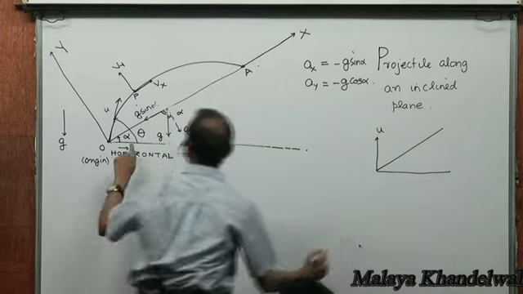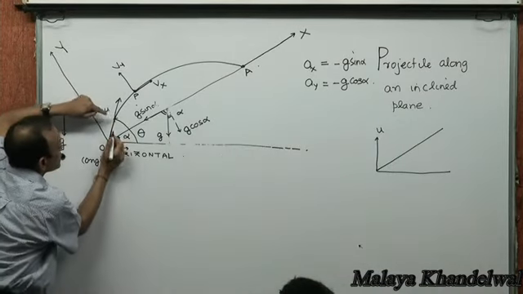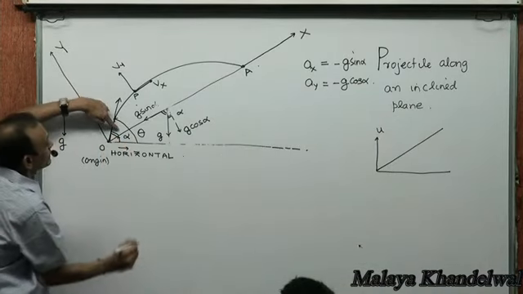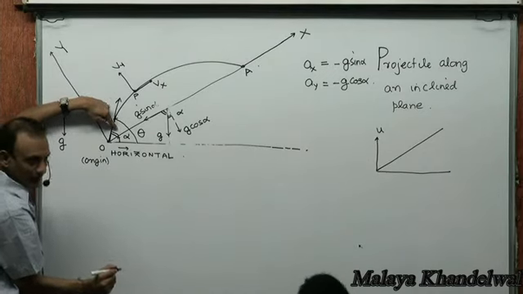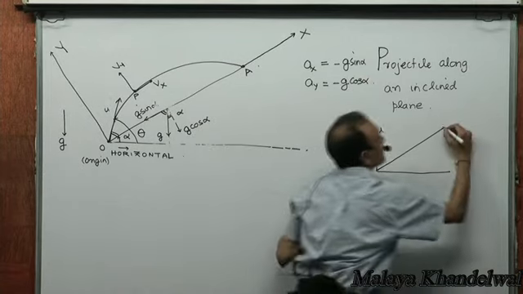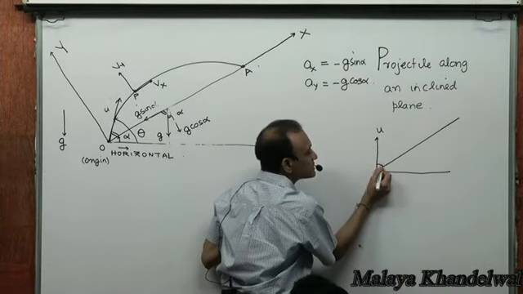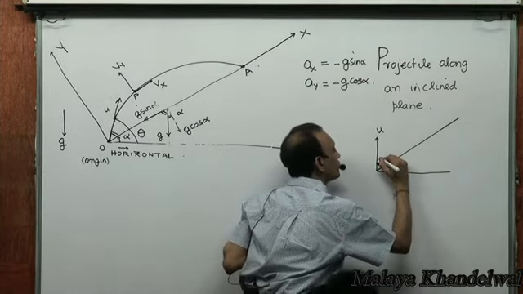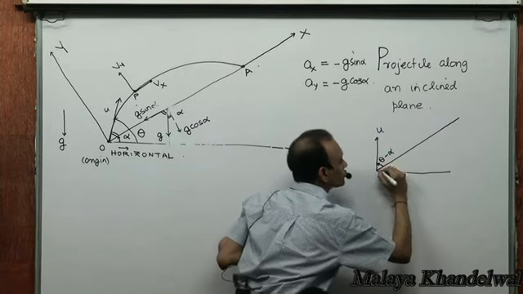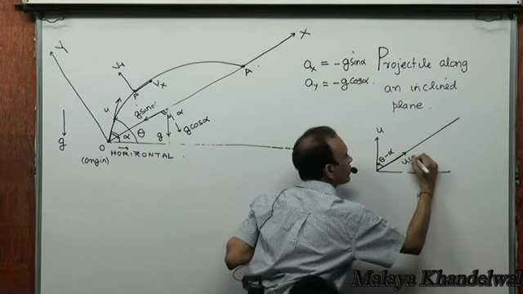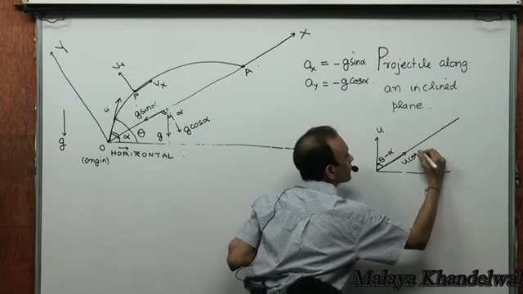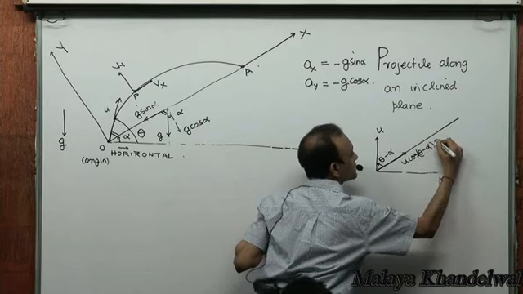This angle was alpha, this was theta, so this would have been theta minus alpha. The angle that the velocity made with the plane would have been theta minus alpha. So this is the plane and this is theta minus alpha. U therefore could have been resolved as u cos(theta minus alpha) along the plane.